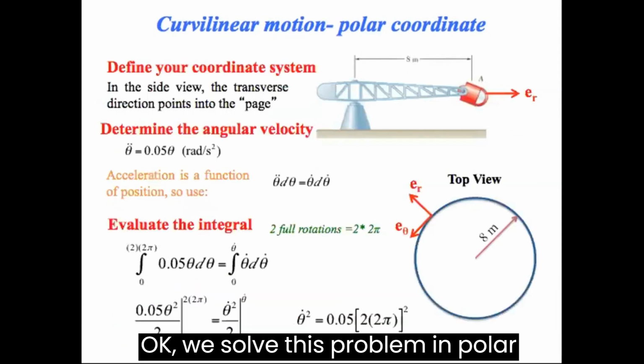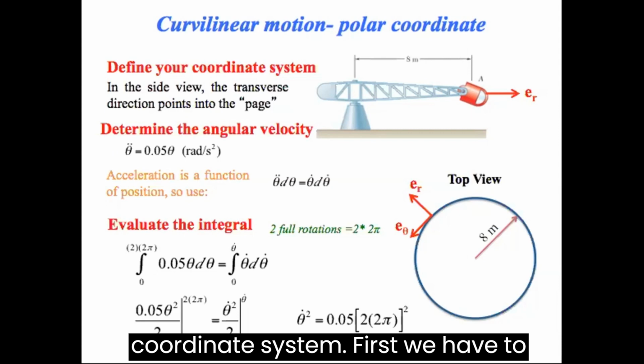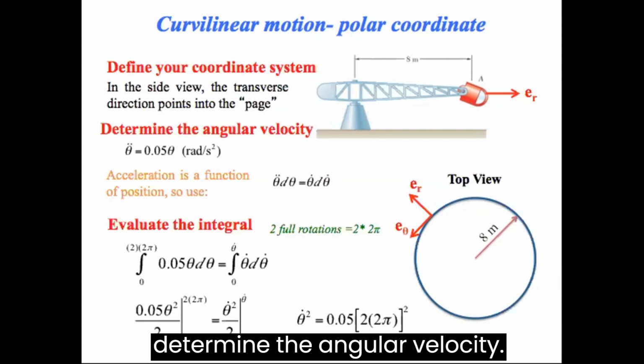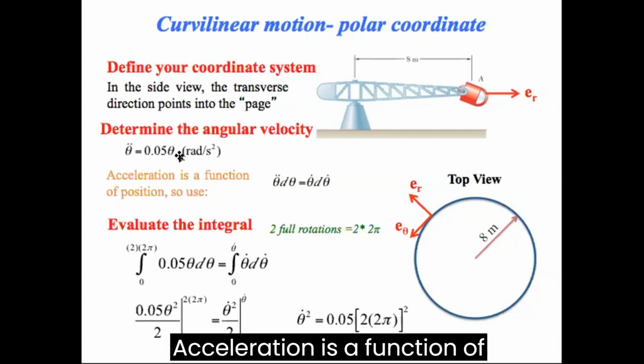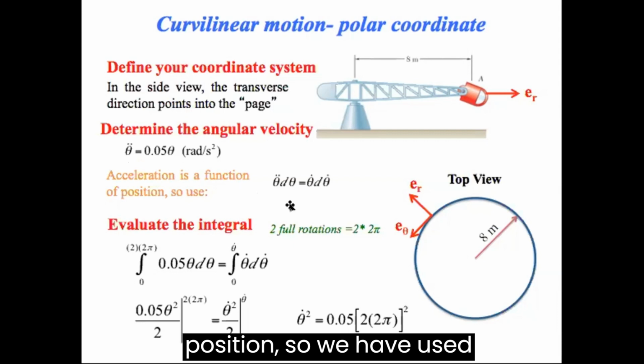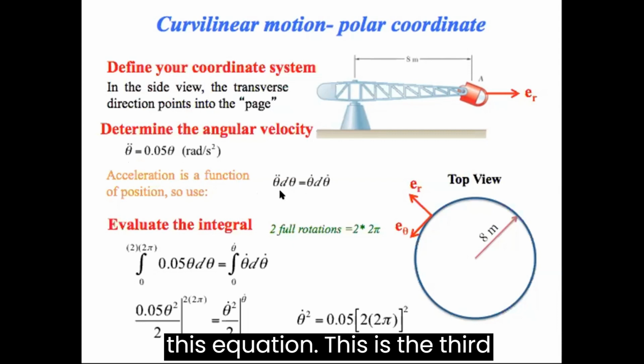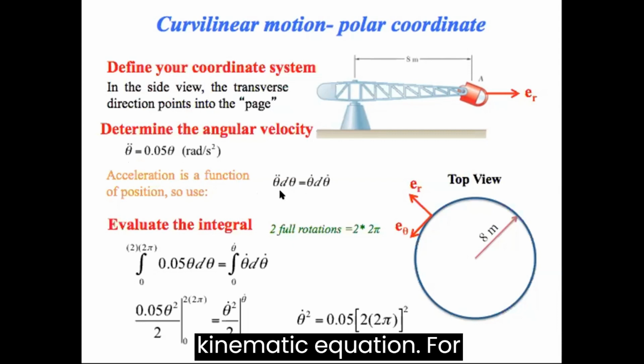Okay, we solve this problem in the polar coordinate system. First, we have to determine the angular velocity. As you can see, the acceleration is a function of position, so we use this equation. This is the third kinematic equation.